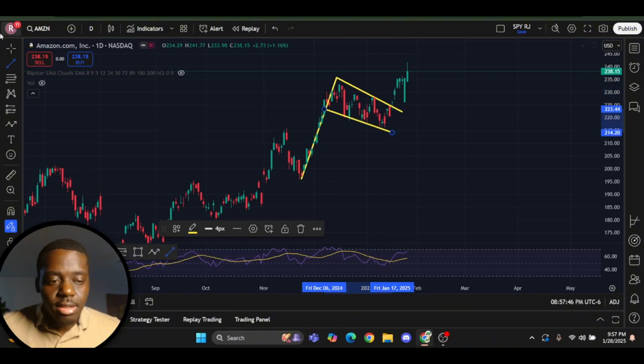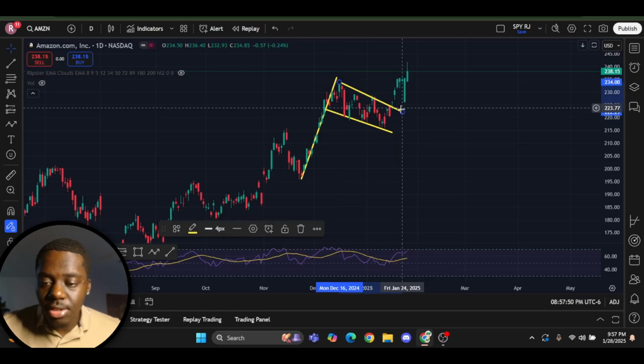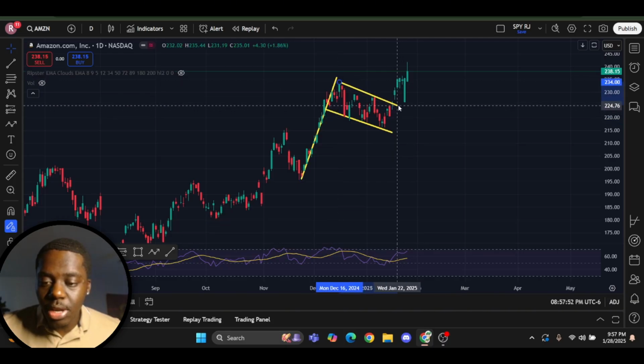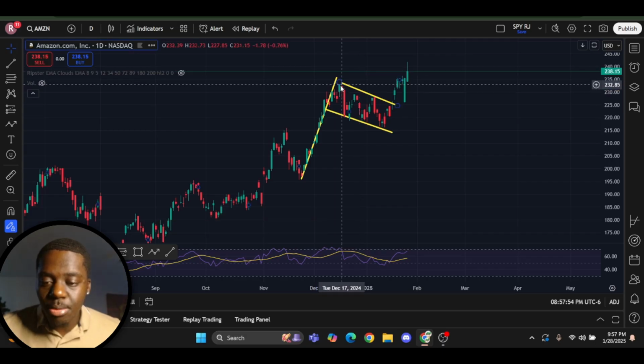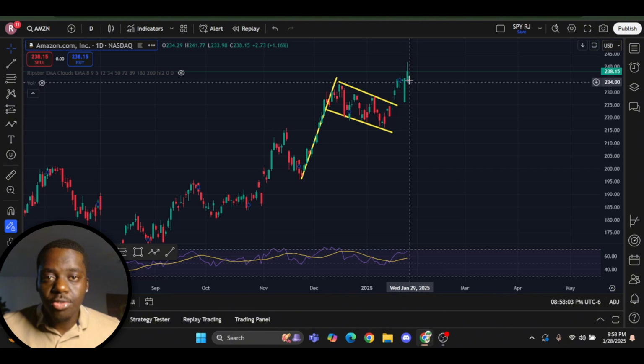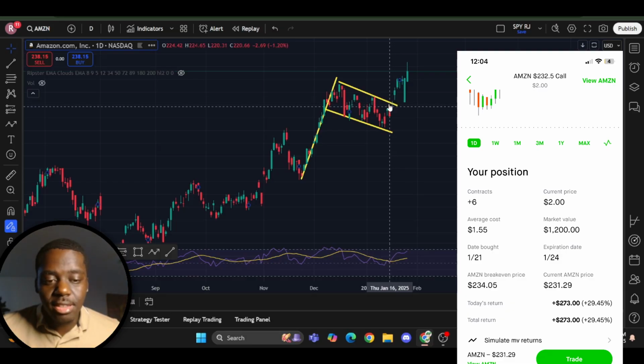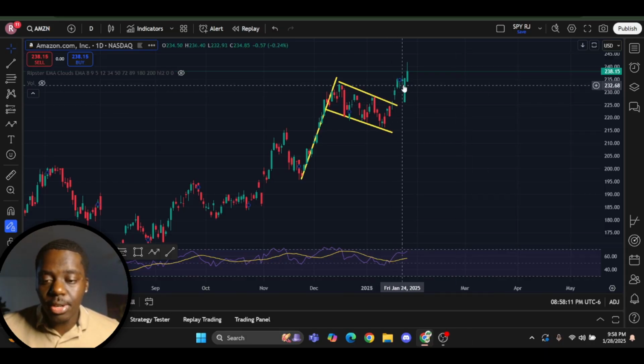These trend lines actually act as a place of support and resistance. Notice that Amazon is pretty much bouncing from the top trend line to the bottom, top to the bottom, until it breaks out. And notice when it broke out, it has run. I was able to make $273 day trading this because I saw this breakout on a larger time frame.